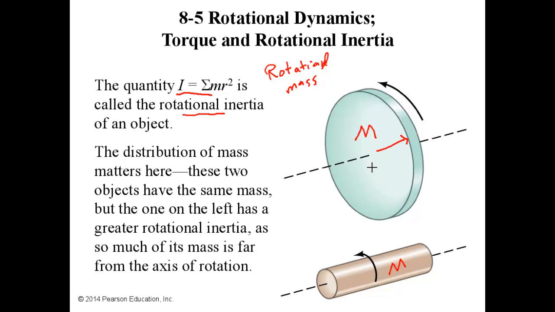It's going to be harder to spin this body to some acceleration than it is to spin this body up to some acceleration. The reason is because this body up here has a much larger rotational inertia, because some of the mass is located out at larger and larger radiuses when compared to this one right here.